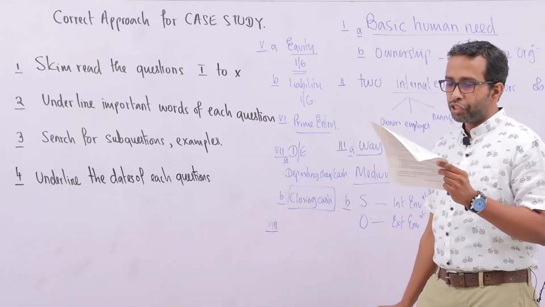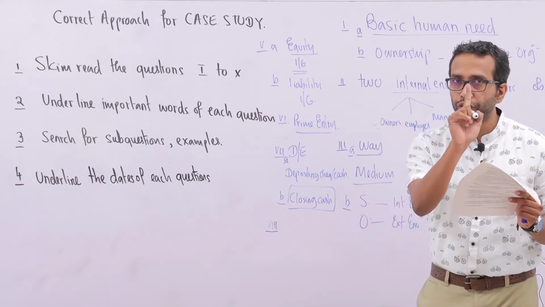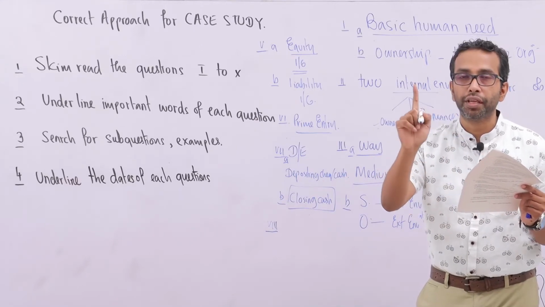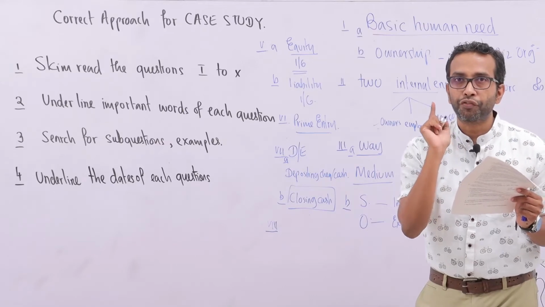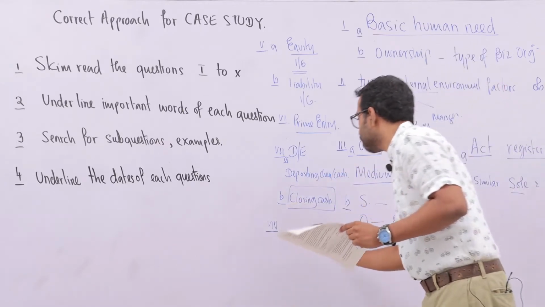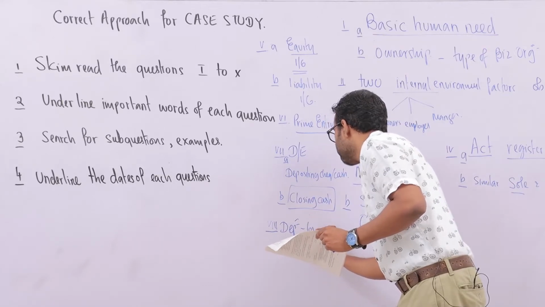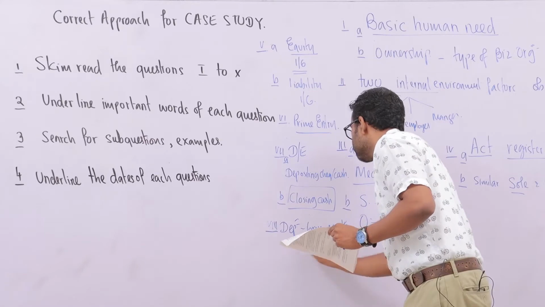Next one, 8. What is the depreciation of the lorry for the month? Remember, most of the students will go wrong. They might calculate depreciation for the year, but the question asks for depreciation of the lorry for the month. Please underline it.